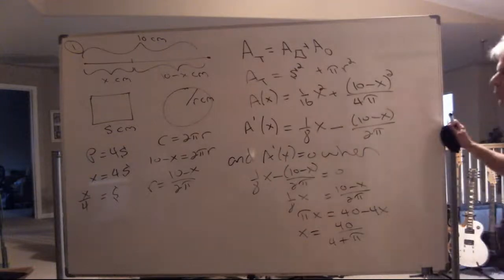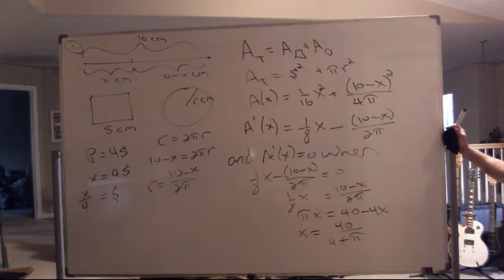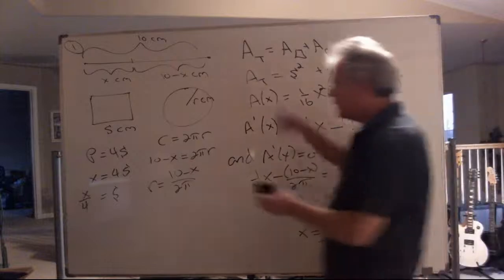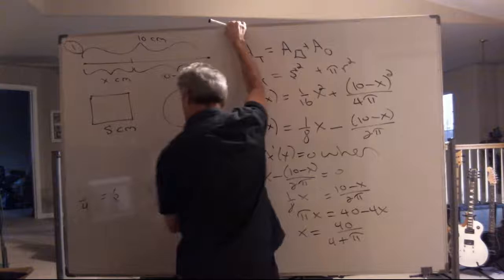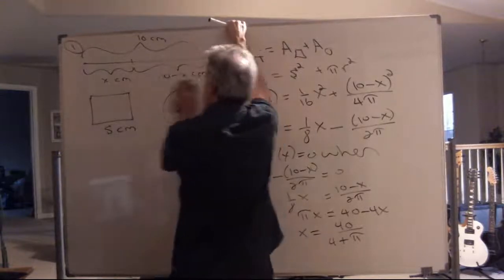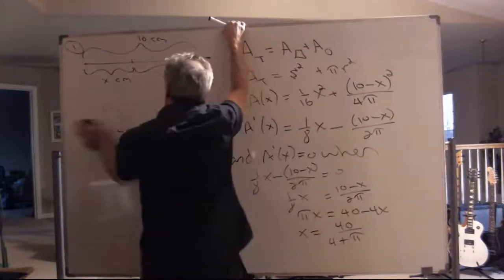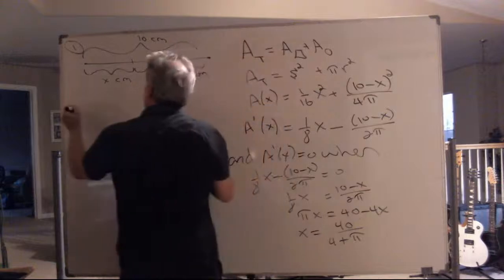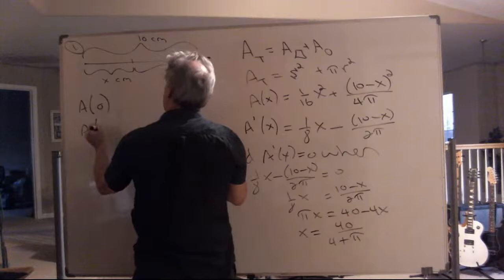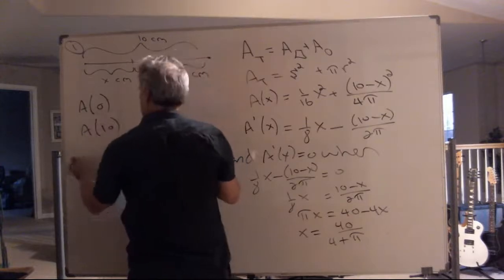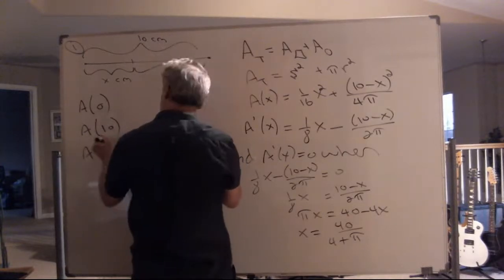So everybody, I'm running out of board space. How about if I do this? I'll get rid of the basic geometry. Even the pretty pictures. I'll evaluate the area at the left endpoint, at the right endpoint, and at the critical number.